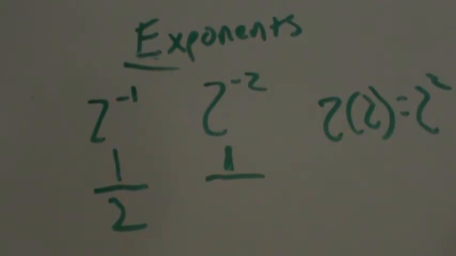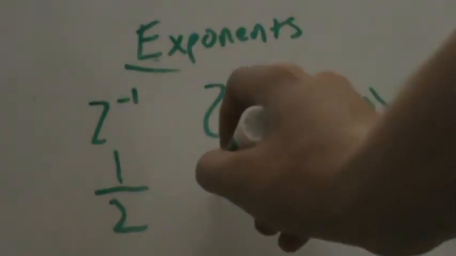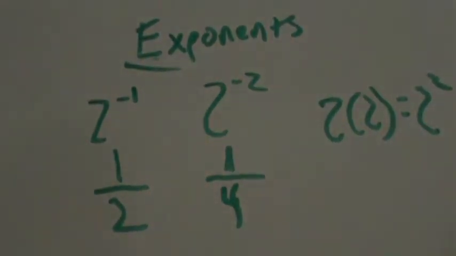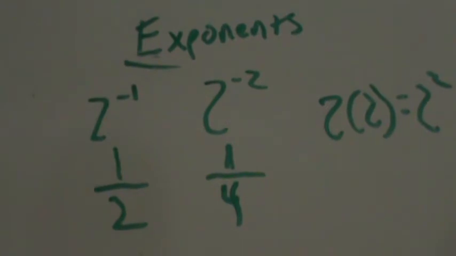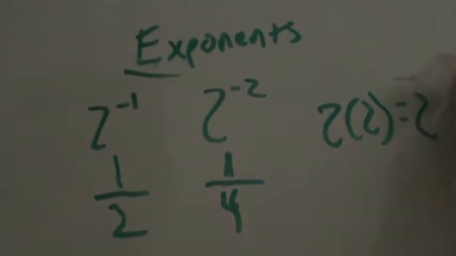If 2 times 2 is 4, and this negative sign means that this is in the denominator, then this has to be 1/4. So basically the idea of negative exponents is that you write it as if it was just a regular positive exponent, but you put it in the denominator.